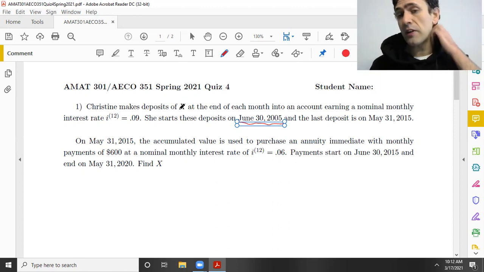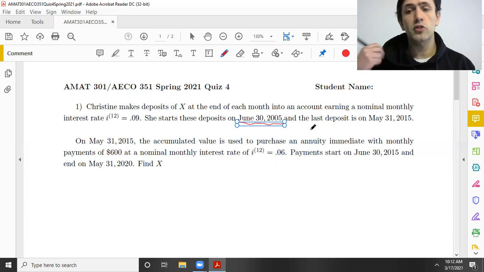And if you think in terms of the payment periods really starting at the beginning of June, then we have 10 full year payment periods, which means 120 payment periods, 10 times 12. Okay.